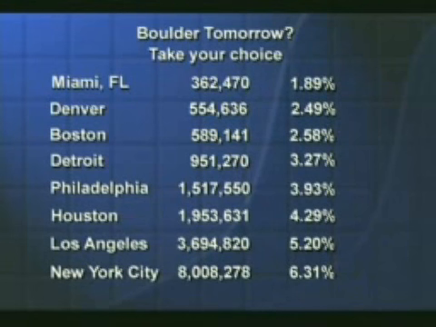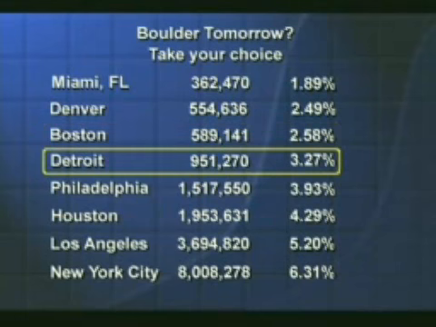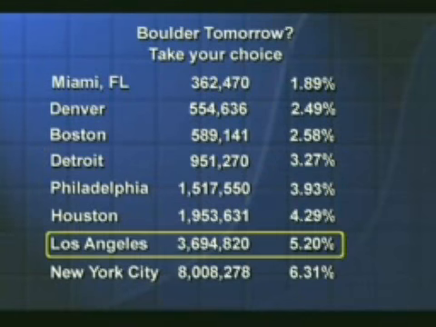Well, Boulder in 70 years could be as big as Boston is today if we just grew 2.58% per year. Now, if we thought Detroit was a better model, we'll have to shoot for 3.27% per year. And remember the historic figure on the preceding slide, 6% per year. If that could continue for one lifetime, Boulder would be larger than Los Angeles.